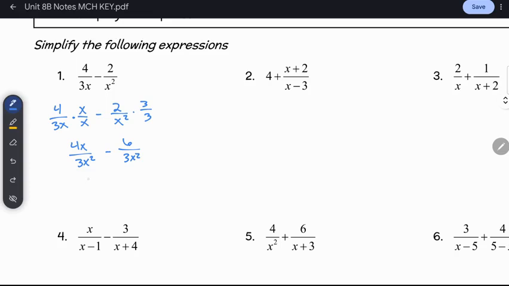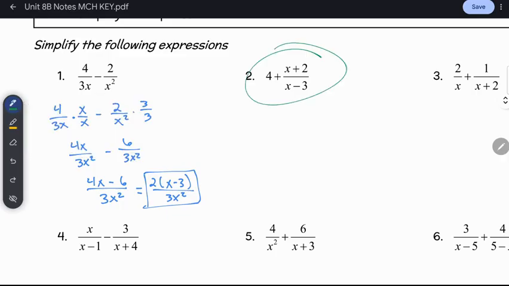So this means we are going to have 4x minus 6 over 3x squared. Now the last step is we look for anything we can cancel. Here, we could factor out a GCF of 2. This is going to be 2 times x minus 3 over 3x squared. Since we can't simplify it any further, that is going to be our answer.